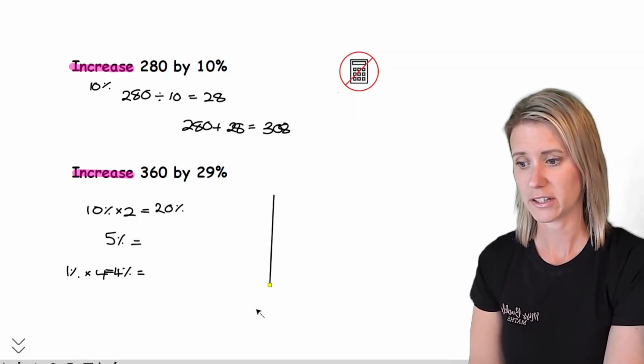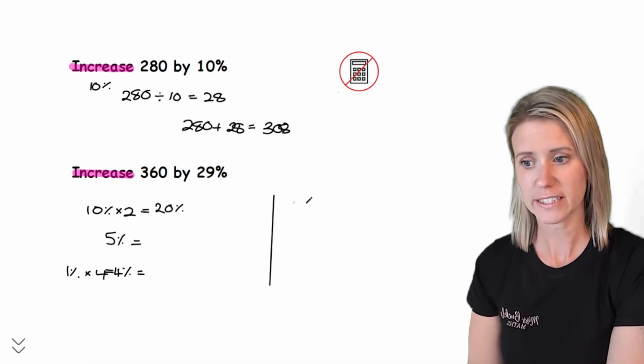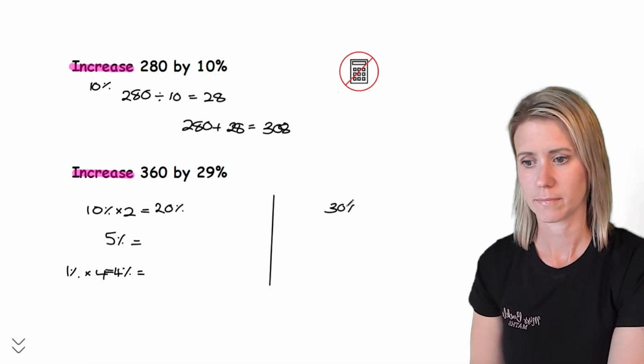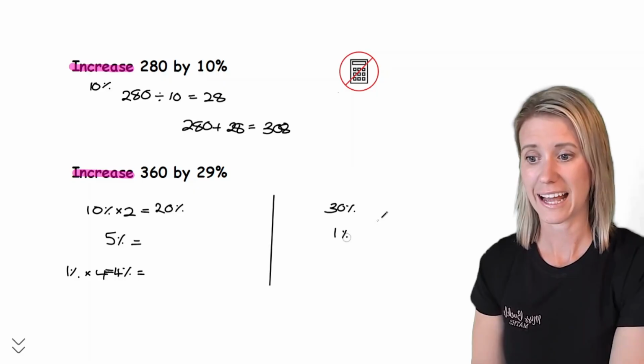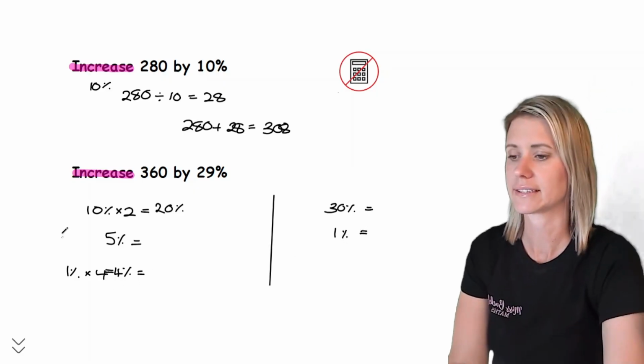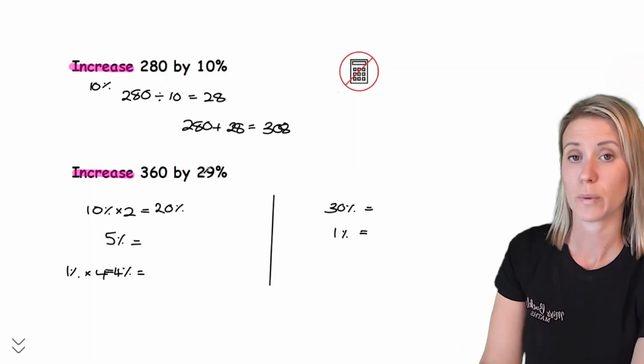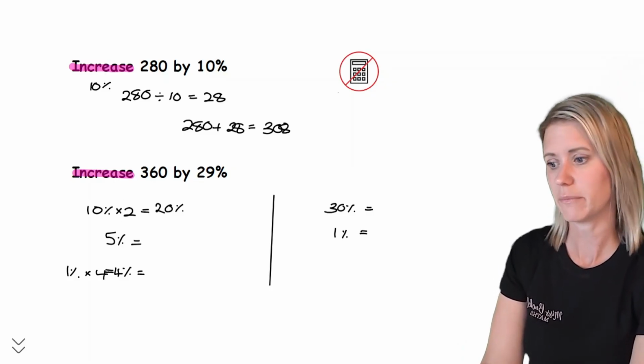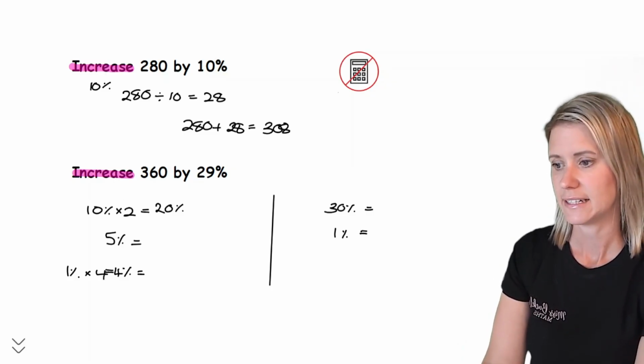Alternatively, to find 29%, we could also find 30% and then 1% and subtract them from each other. So we can be flexible in our thinking around this. Okay, let's start with the 29% by doing it this way. We're just going to do both ways in this case.